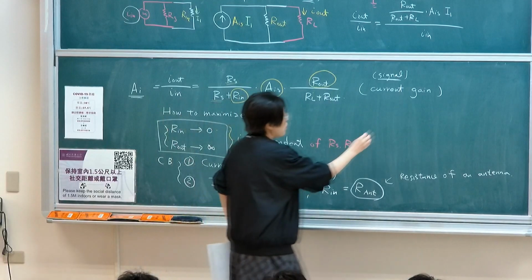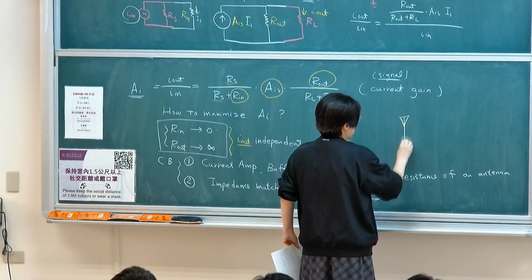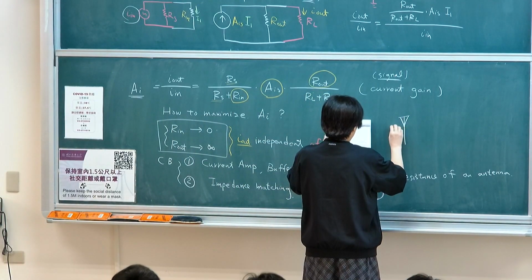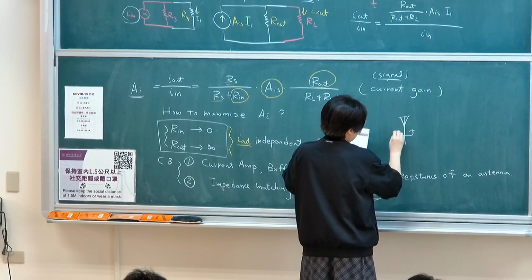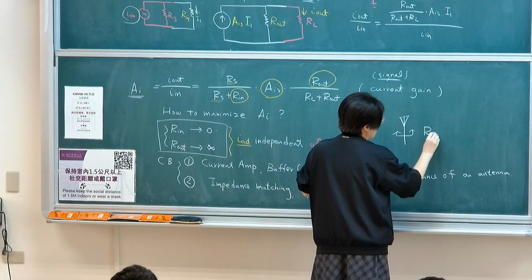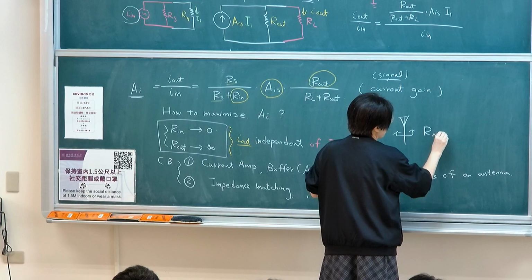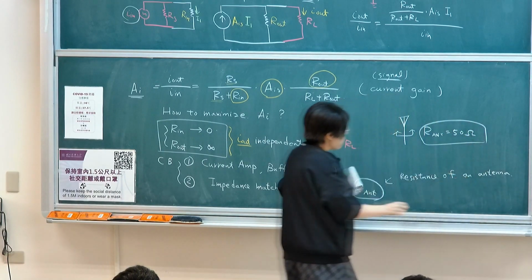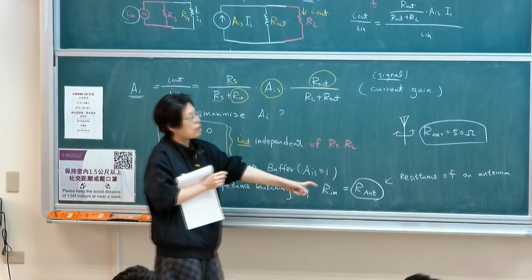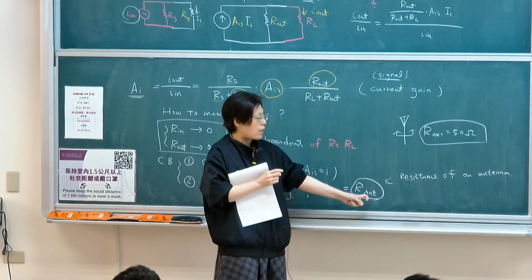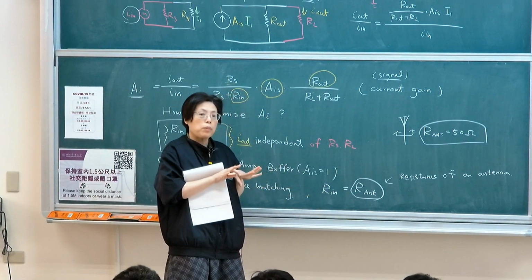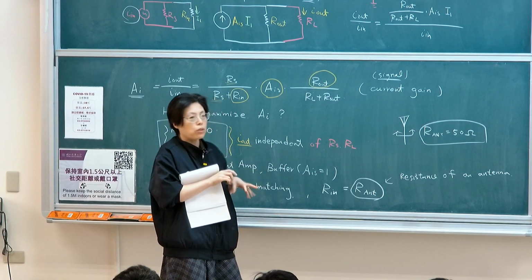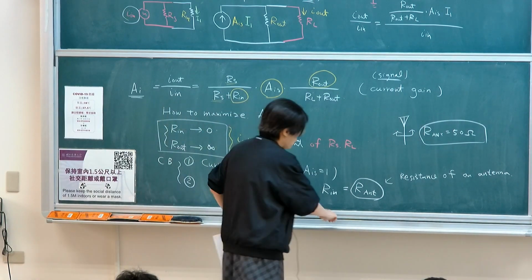If you have an antenna, its typical resistance is 50 ohm. So what we want to do is make sure my input resistance is the same as the antenna resistance. That's called matching. You want it to be identical in order to take in the maximum power.